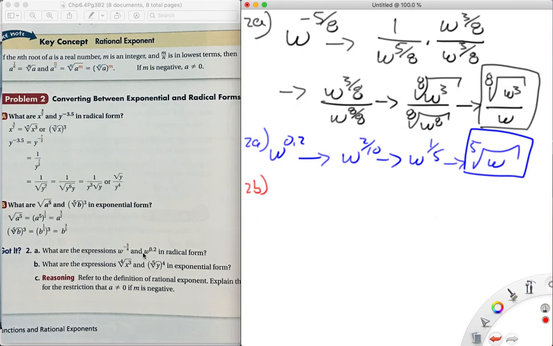What are the expressions in exponential form? Okay, so we have x cubed, fourth root. Since it's being raised to the third power, the 3 goes in the numerator. Since it's being fourth rooted, the 4 goes in the denominator: x to the 3/4.